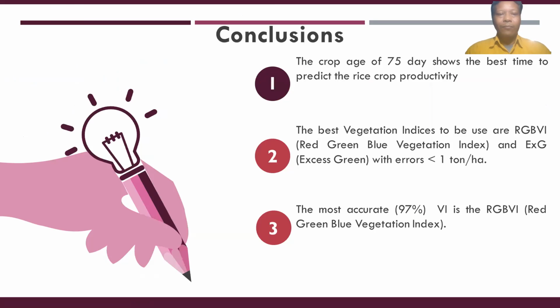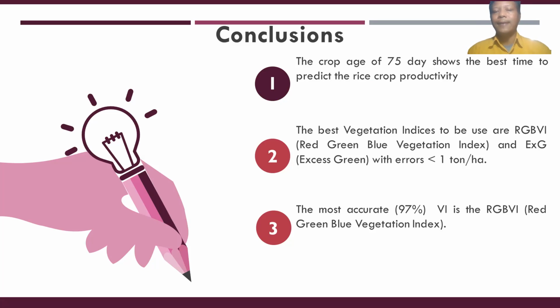And we conclude that the crop age of 75 days, more or less, is the best time to predict the rice crop productivity in this research. The best vegetation indices to be used are the RGVI, red, green, blue vegetation index, and excess green.